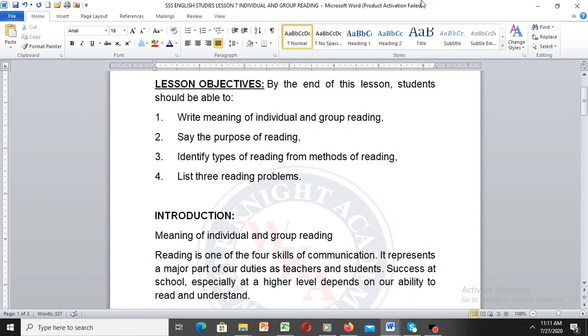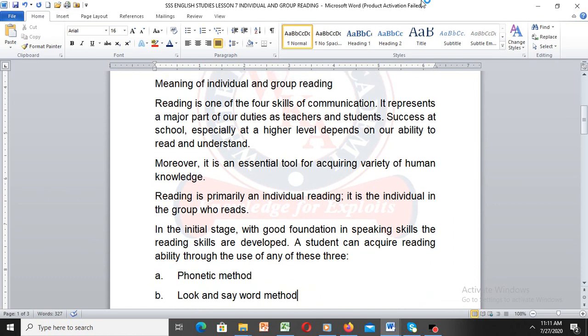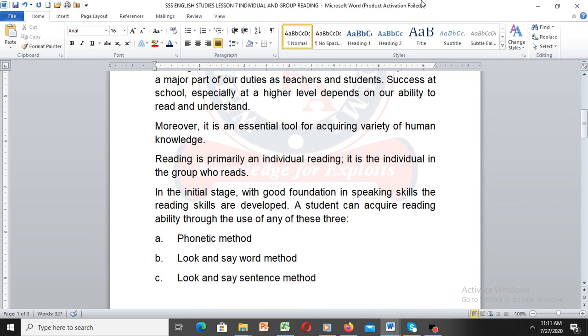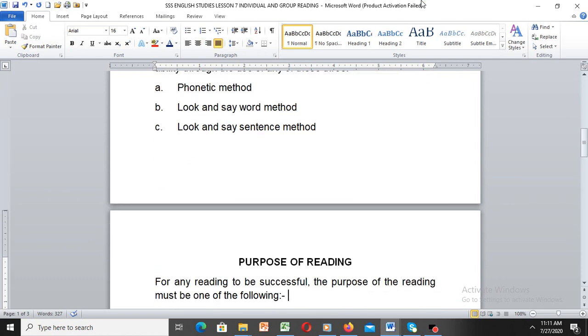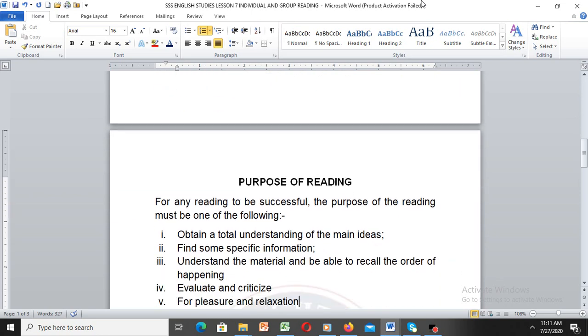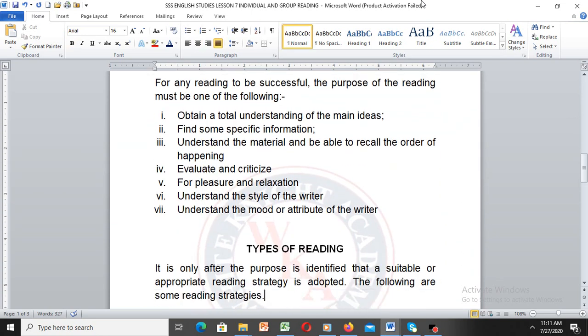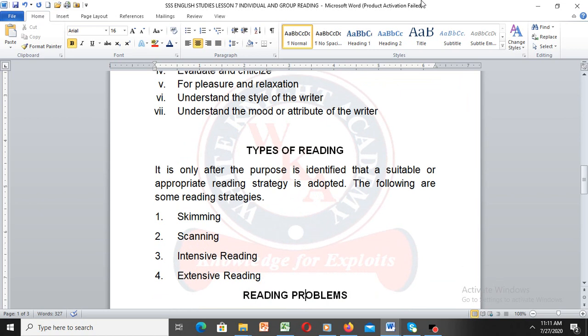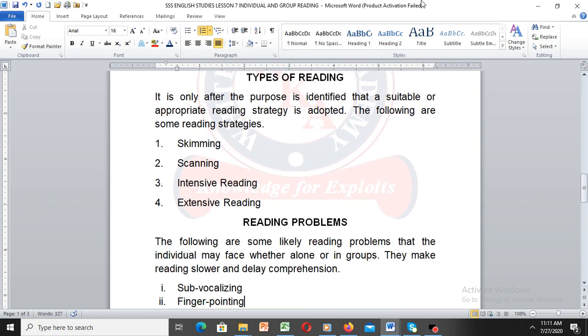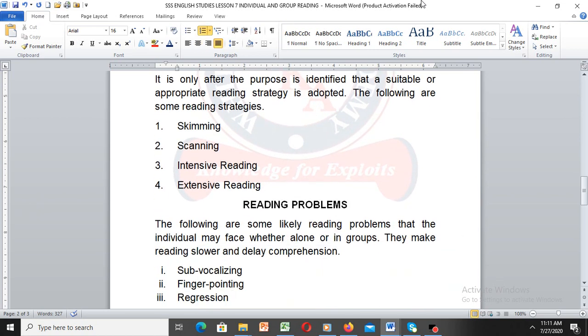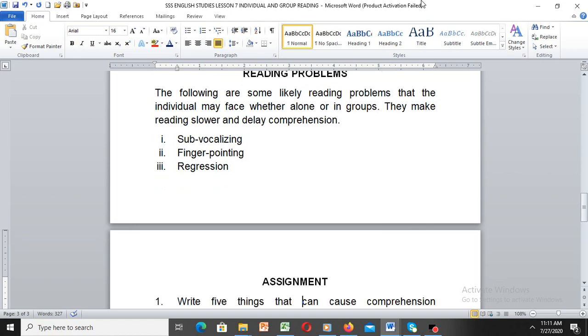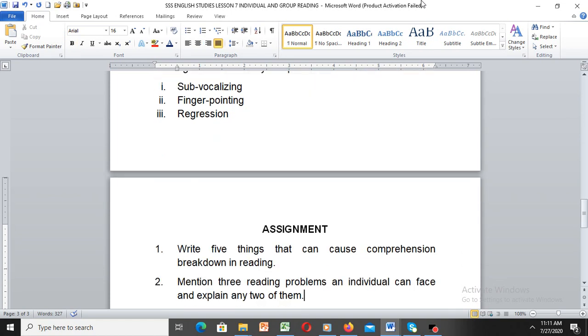We've seen individual and group reading, and we've been able to look at the purpose of reading. We've seen types of reading, and also we've seen the reading problems.